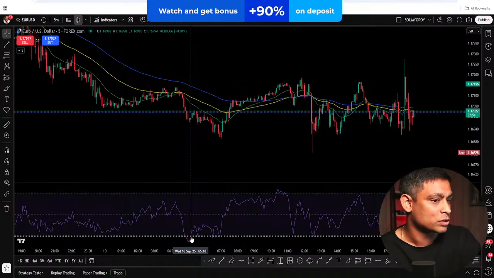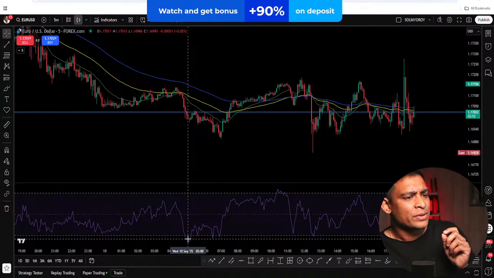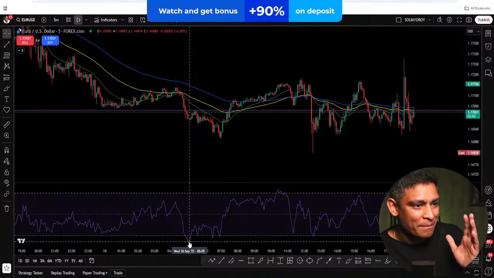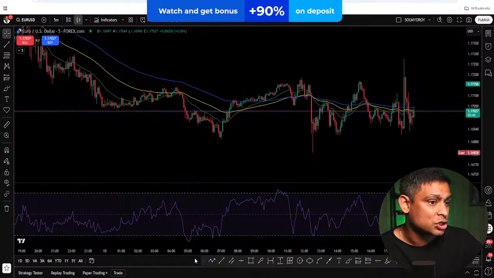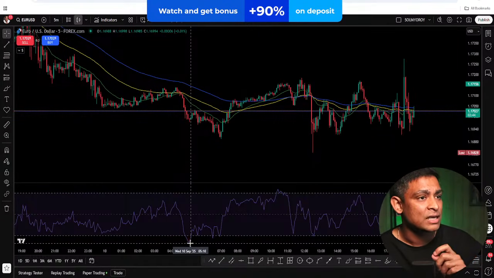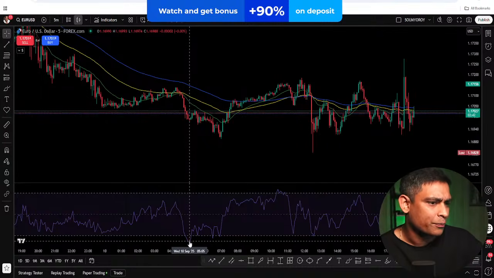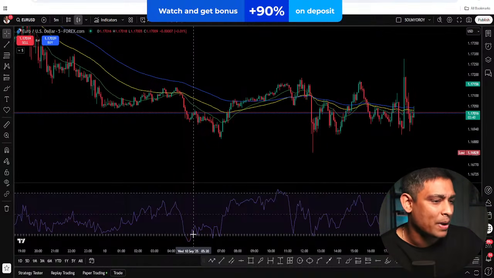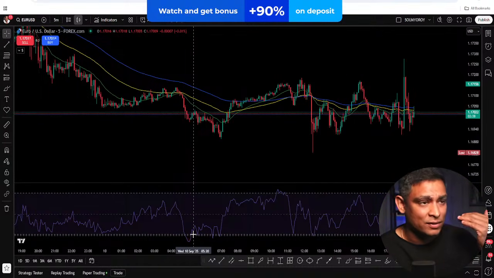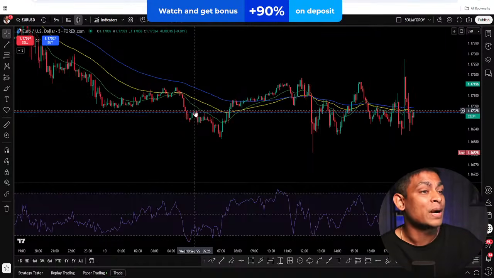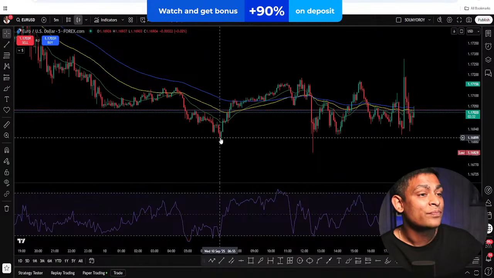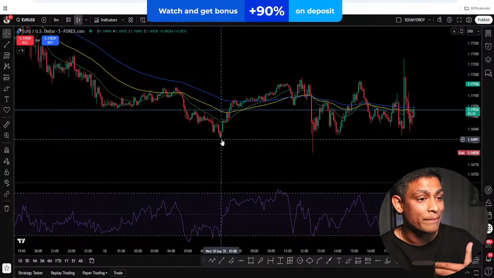If you try to match my finger with the chart, you would see very clearly that the price came up a little bit, above the 30 or the oversold line, but after that it again went back down.